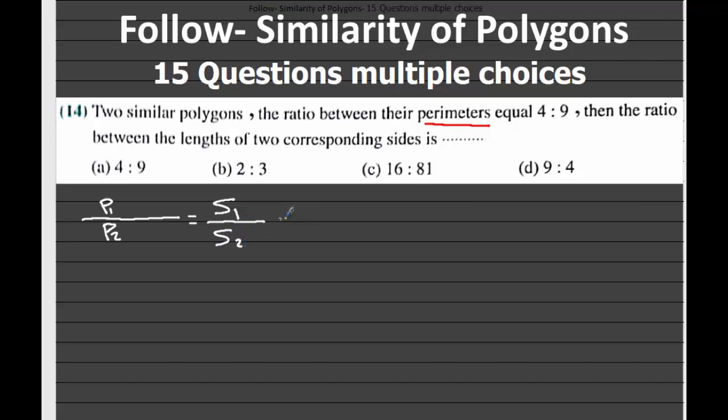It is a rule. So P1 to P2 is 4/9, which equals the ratio between S1 and S2, two corresponding sides from the two polygons. So the answer will be letter A.